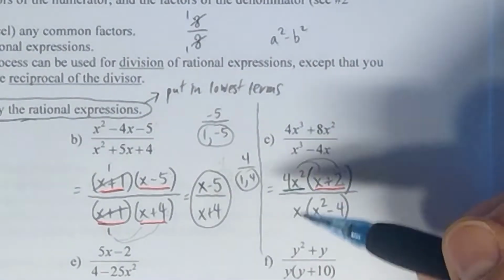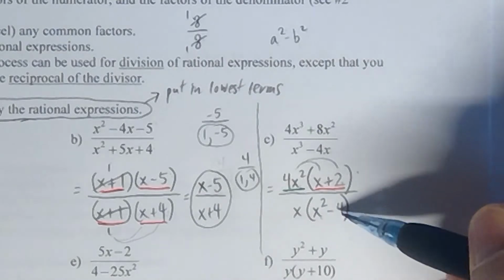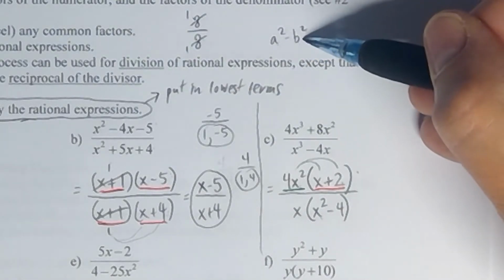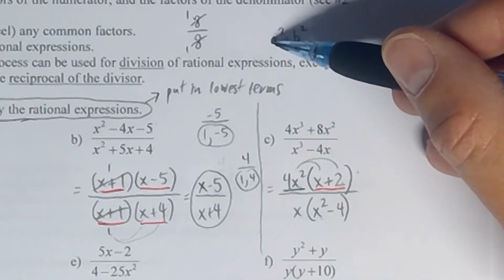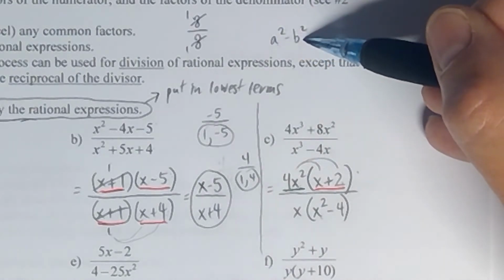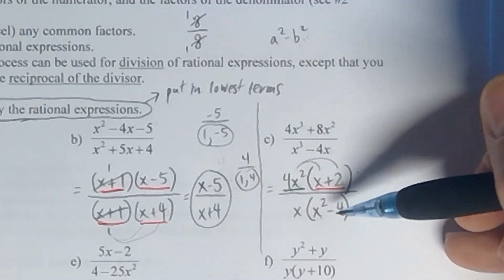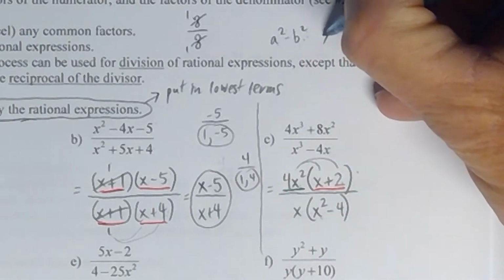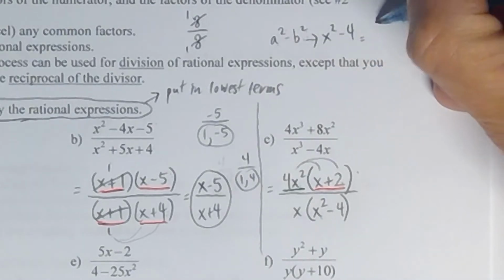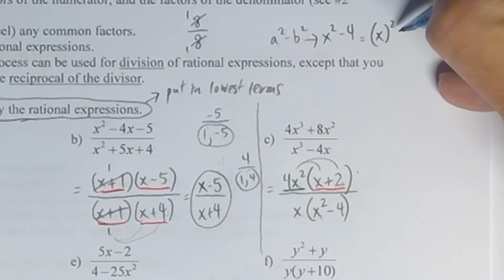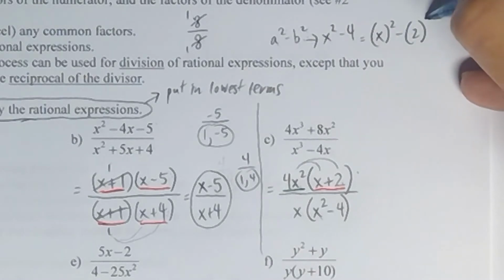But this time, x squared minus 4, since it's got 2 terms, once again, we have to consider that formula, as was discussed in a different video. And that formula does fit into this, because x squared minus 4 is the same thing as x being squared and 2 being squared.